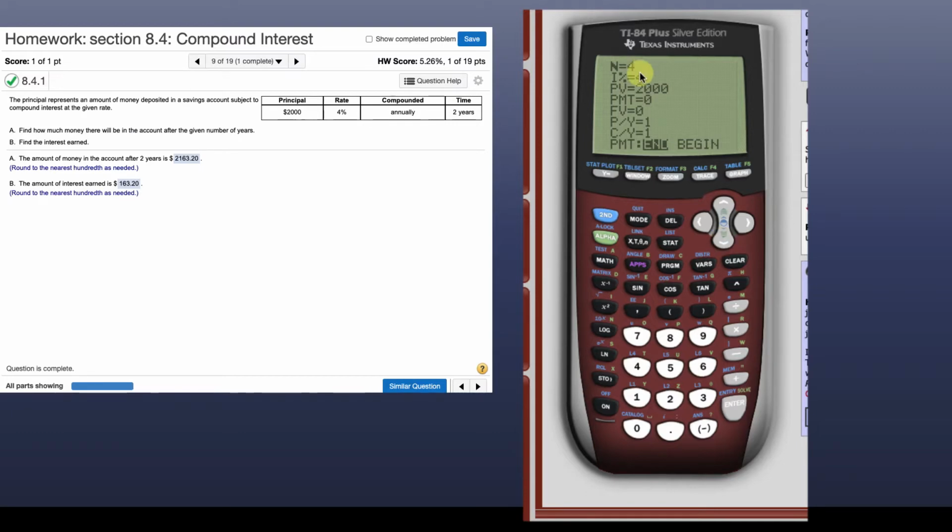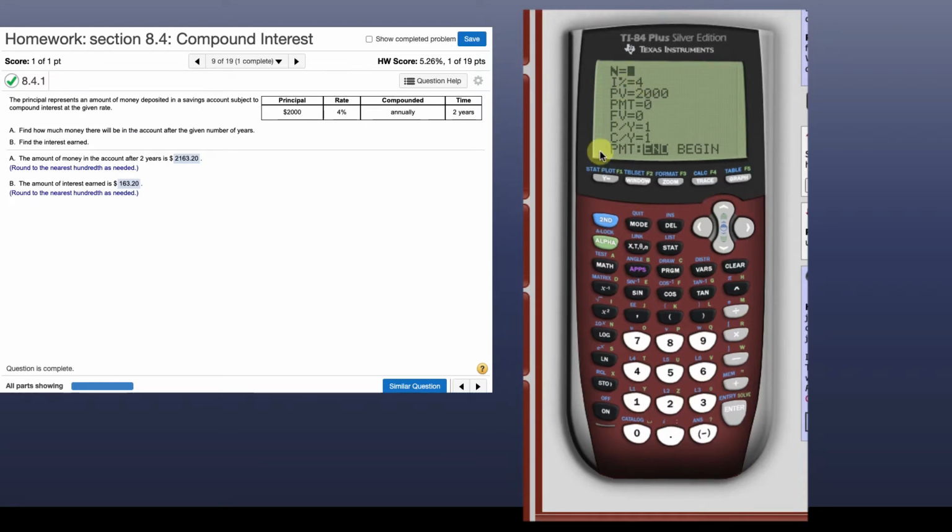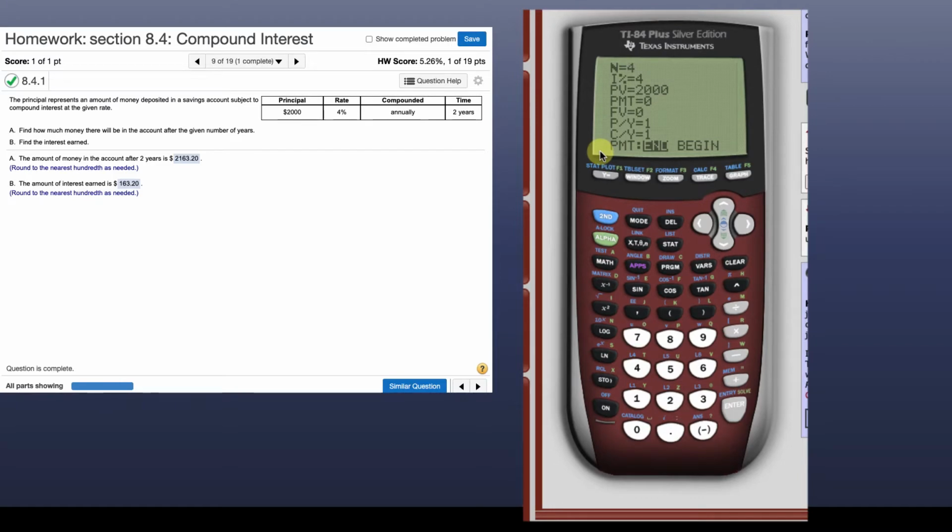So N is the number of payments or the number of compounding periods. On this problem, it was compounded annually, so once a year for 2 years. So that's only 2 compounding periods. Once per year for 2 years, so 1 times 2, right?